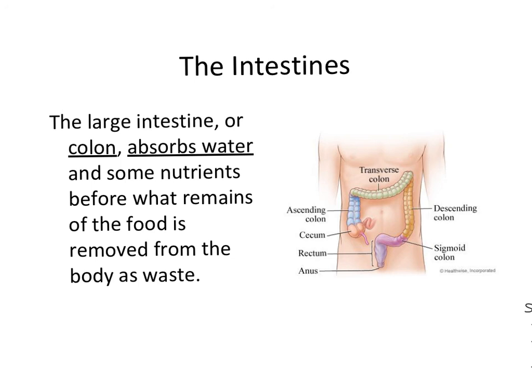The large intestine is known as the large intestine not because of the length of the intestine, but instead because of the diameter of the tubing, for lack of a better word. Finally, the waste, which it is waste at this point, will enter the rectum for temporary storage.